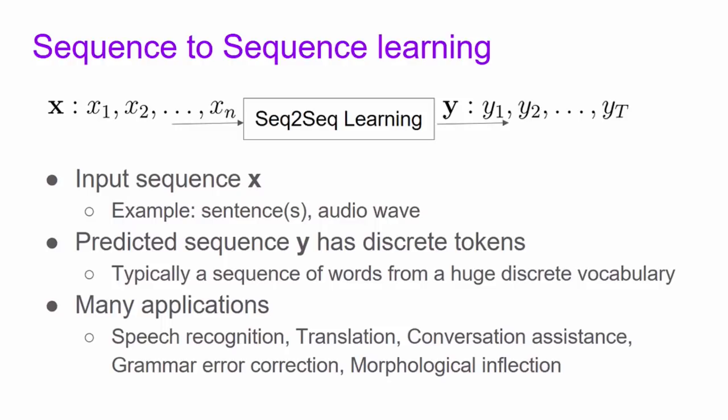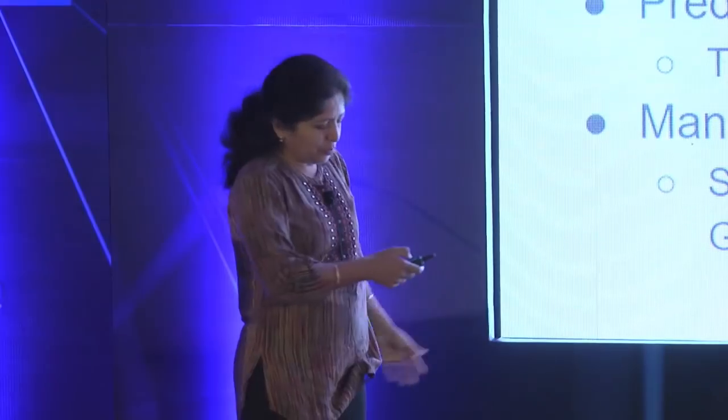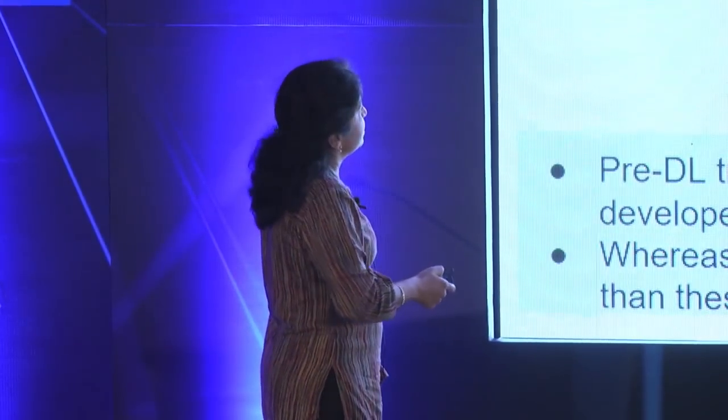While the input could be non-discrete also, like a vector denoting an audio frame, the output we are going to think of as discrete tokens, and they typically come from a large vocabulary, and so therefore there is a huge number of possible outcomes that you will have to deal with. And many different applications can be cast as sequence-to-sequence learning problems, as we will see through examples here.